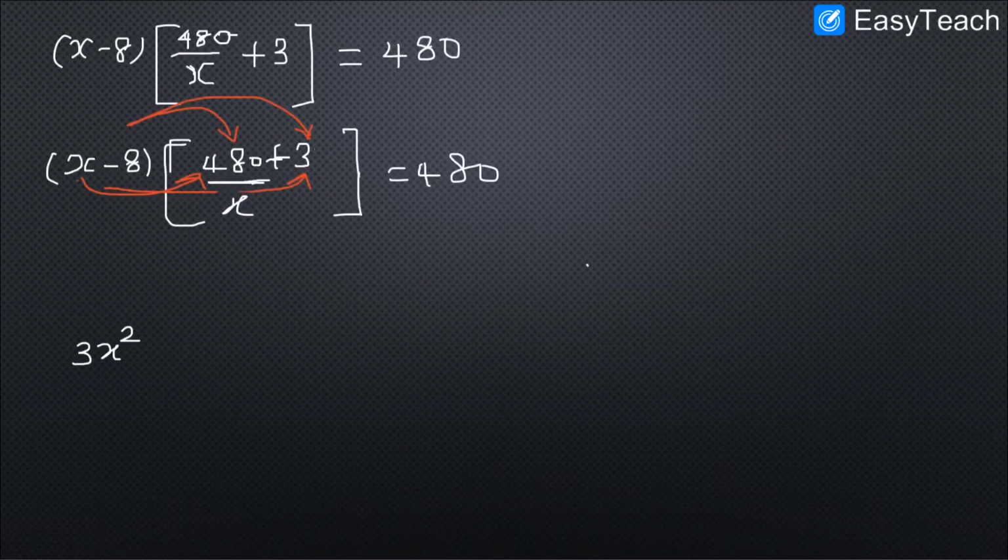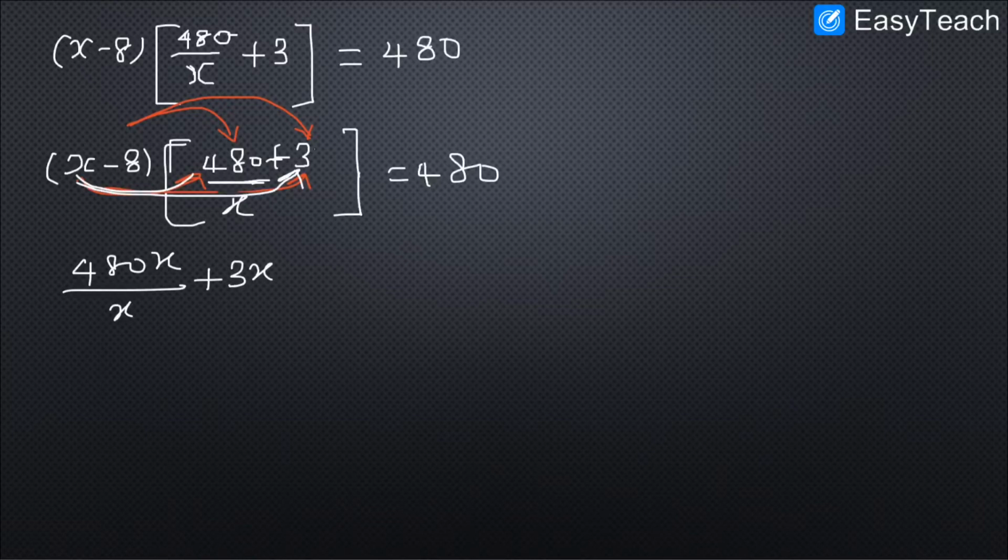No need to take the LCM, it will take a long calculation. We can multiply from this step itself. So x into 480 is 480x, divided by x, and the next step plus 3x.